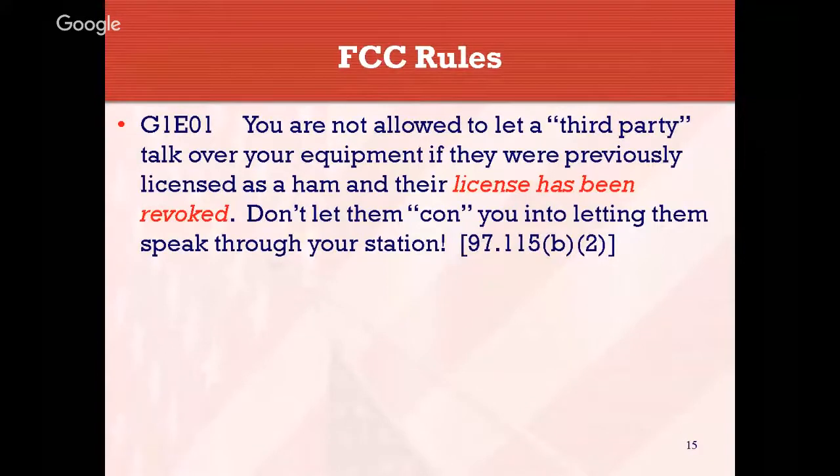It does not matter whether they're on your station or anybody else's station. They cannot legally transmit if their license has been revoked. And if it has been revoked, there is a process in which they can appeal to the FCC to be able to get that rescinded and get licensed once again, but you're not allowed to let them talk.